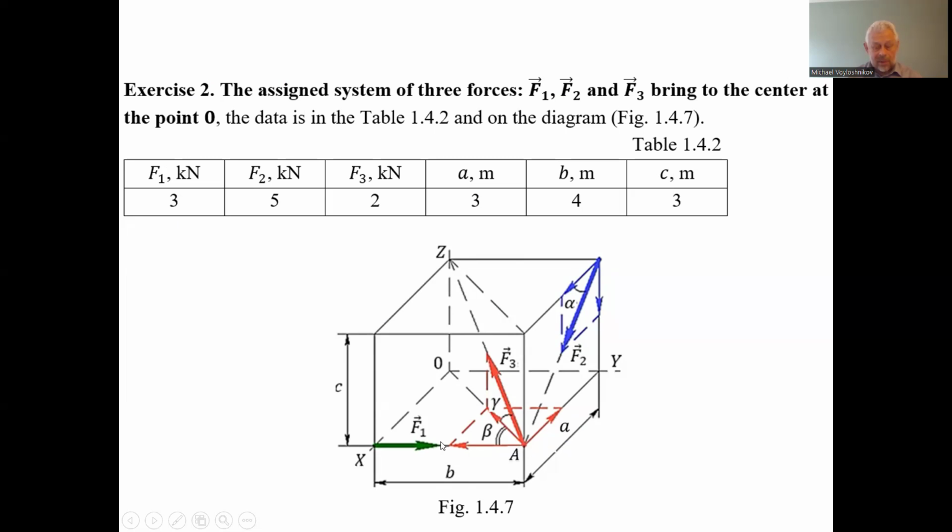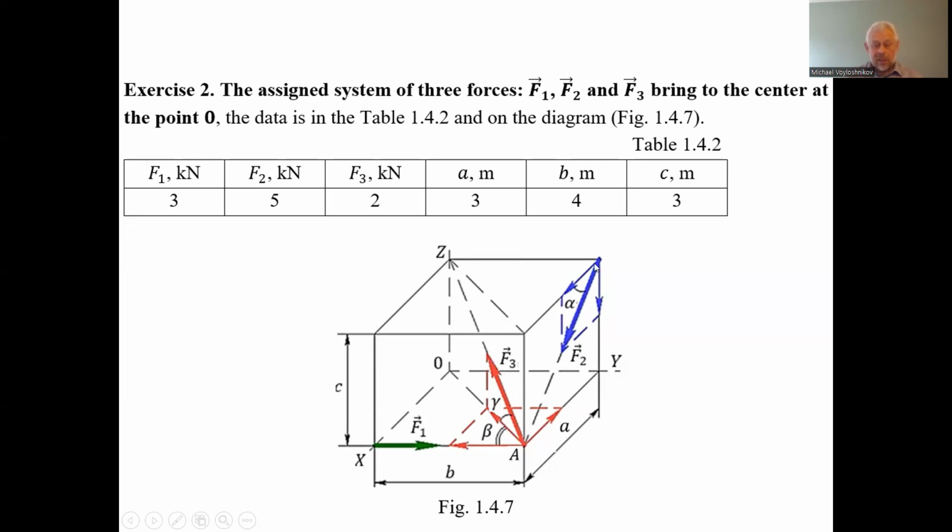And this one as well does not cause it, only the vertical does. The vertical cause is a multiplication of force magnitude F3 by cosine gamma. Sorry for my mistake. It is applied at the point A, and the arm is B, it rotates counterclockwise, so we have the positive sign.